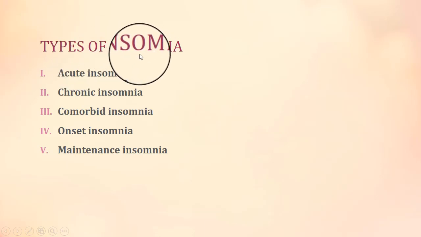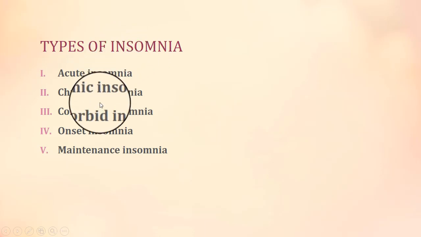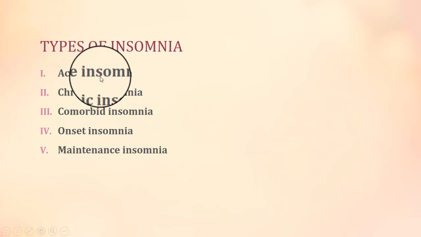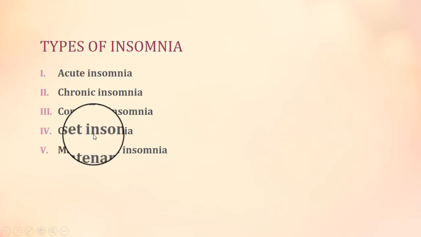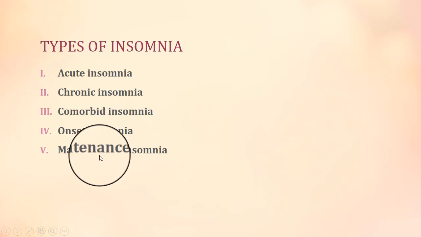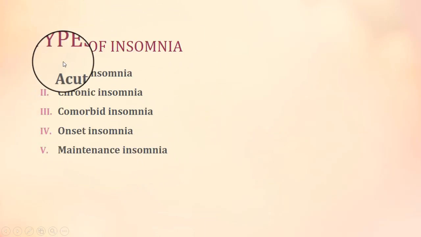As you can see here, we have 5 types of insomnia. First, acute. Second, chronic insomnia. Third, comorbid insomnia. Next, onset insomnia. Next, maintenance insomnia.